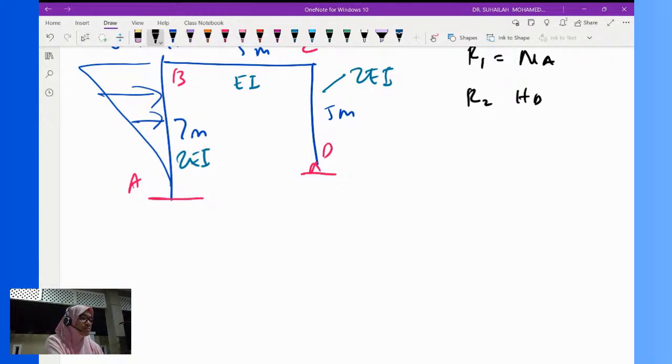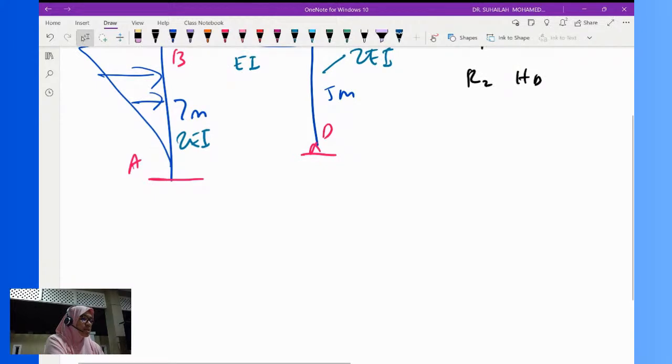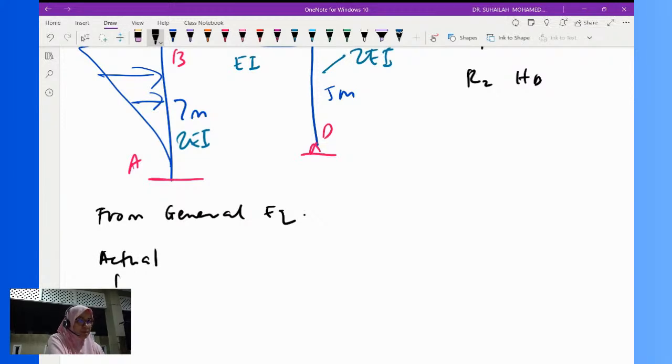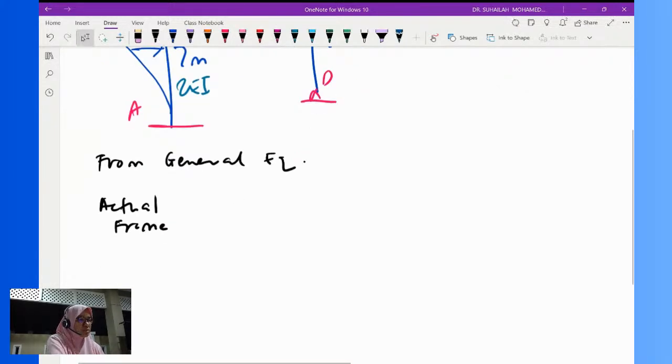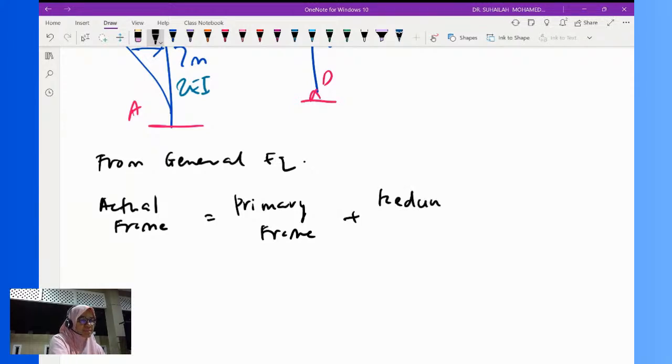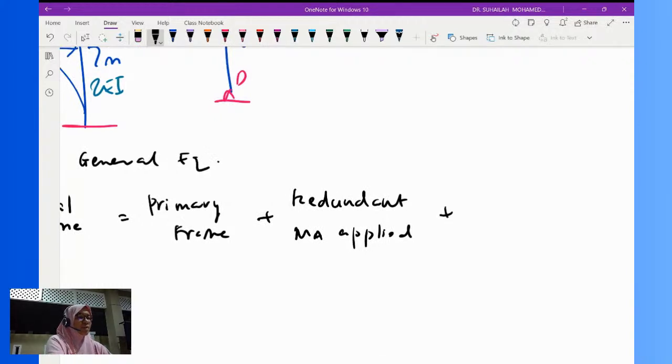So from the general equation, the actual frame equals the primary frame plus redundant MA applied, and the other one is redundant HD applied.